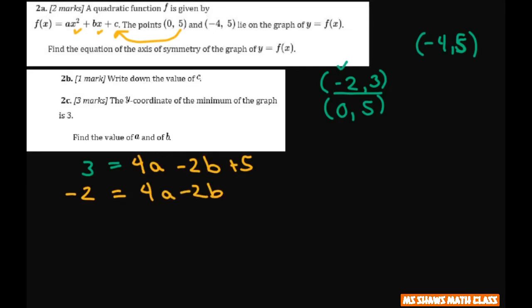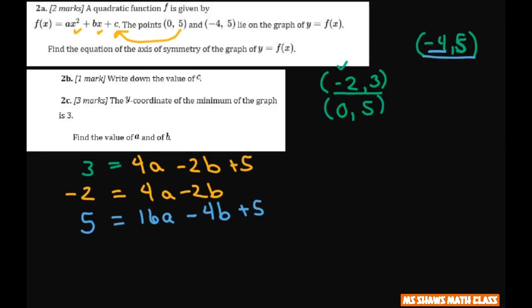Now let's plug in this one. So we get 5 equals, you square -4, you get 16a minus 4b plus 5. So if you subtract 5 from both sides, you're going to get 0.